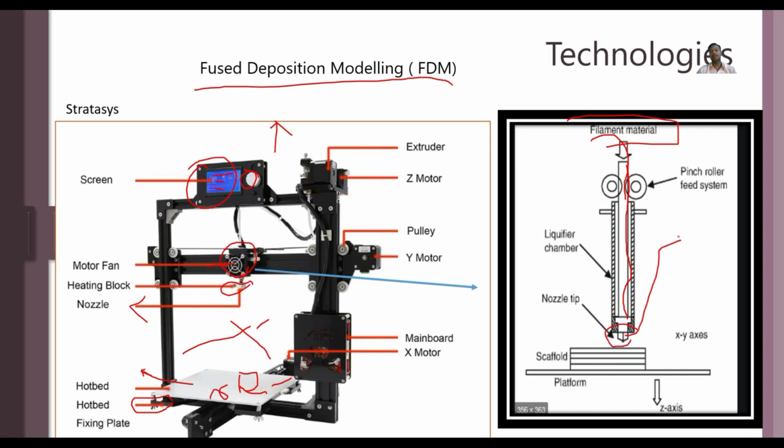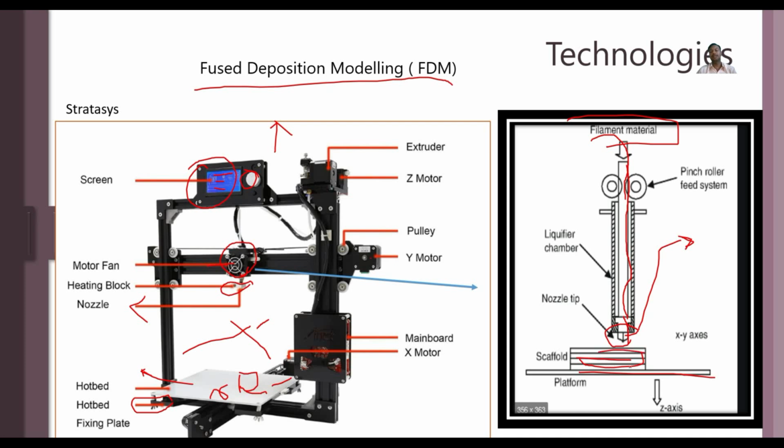The nozzle diameter varies in different sizes, from 0.5 mm to 2 mm. As the nozzle diameter increases, it allows more material to print on the surface.